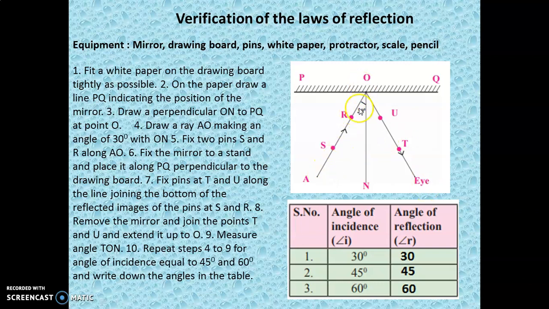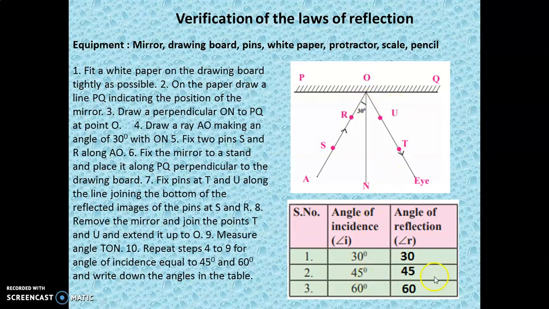So this is my incident ray at 30 degrees and this is my reflected ray. Now if I measure this angle, when I take the angle of incidence as 30, the angle of reflection is also 30.